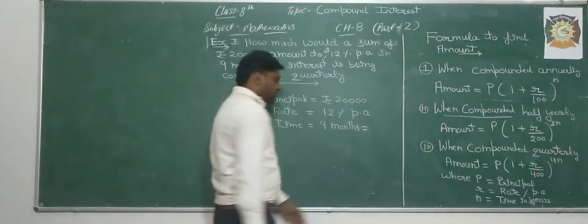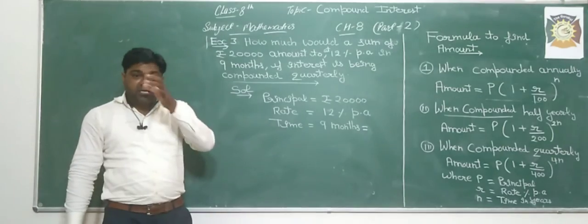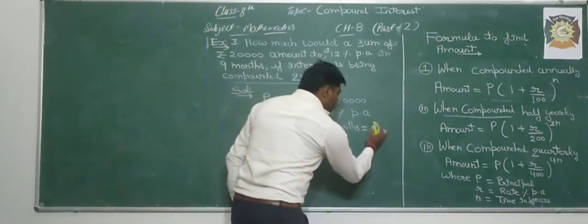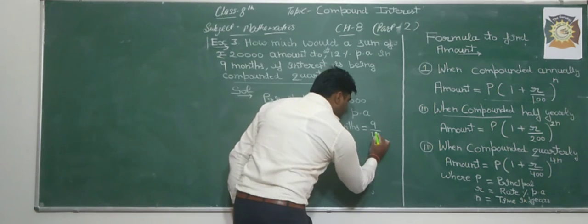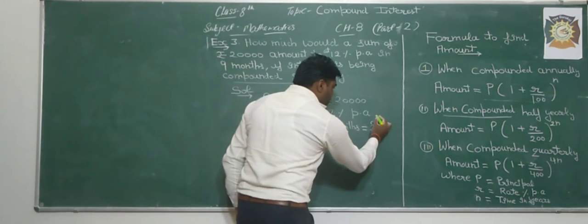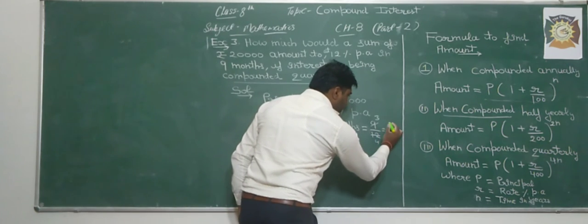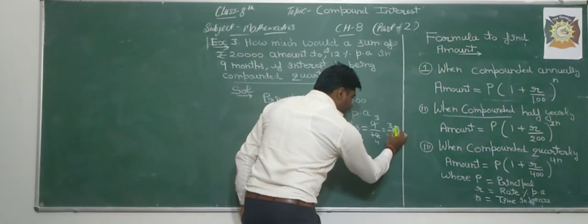How can we convert? Because there are 12 months in 1 year, so divide by 12. This is 9 upon 12, both are divisible by 3. 3 nines are 27 and 3 fours are 12, so this is 3 upon 4 years.